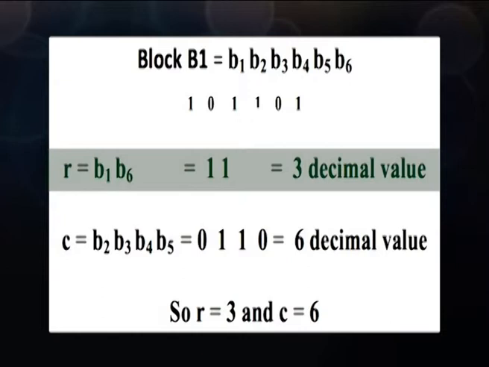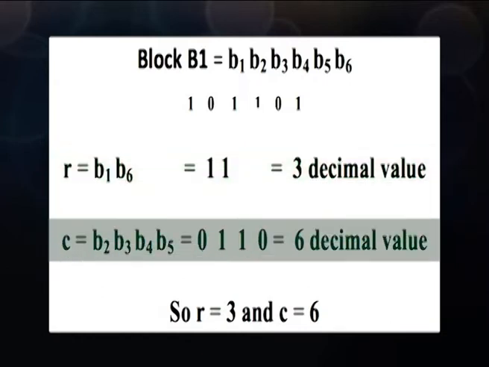Call this value R, which is 3 in this case. Bits b2, b3, b4, b5 taken together form a 4-bit binary number having a decimal value from 0 to 15. Call this value C, which is 6 in this case.